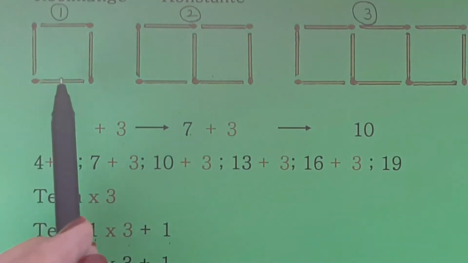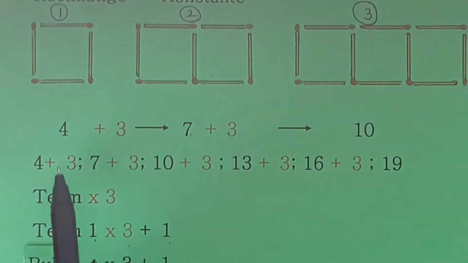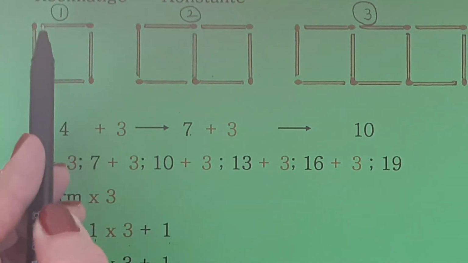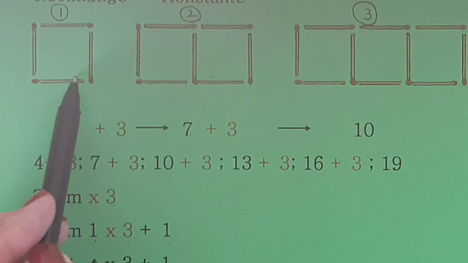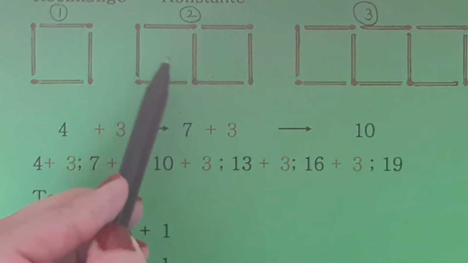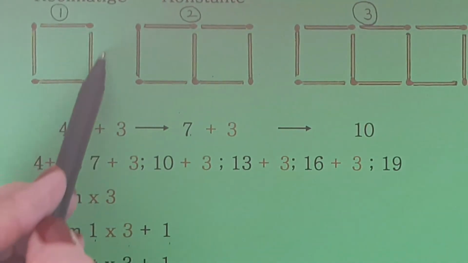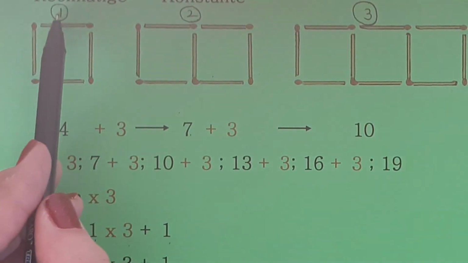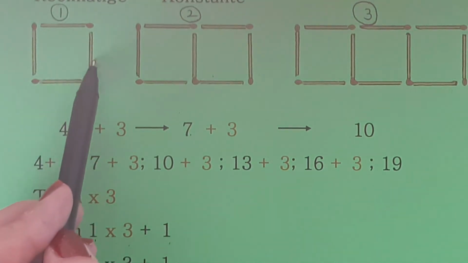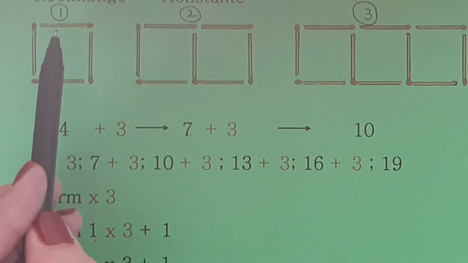Now to determine the rule, because you add 3 every single time, it will be the term number times by 3. Term 1 times by 3 gives you 3. Term 2 times by 3 gives you 6. But you still need one extra. So it will be term 1 times by 3 is 3 plus 1 to get the 4 matches.